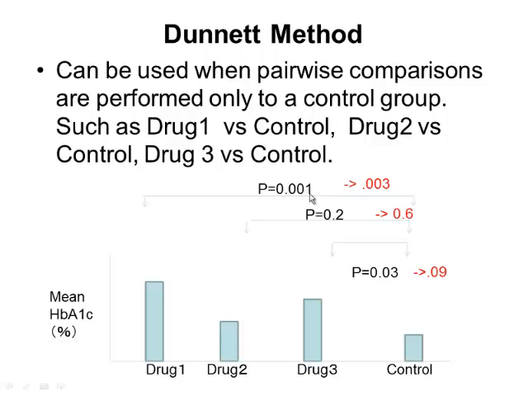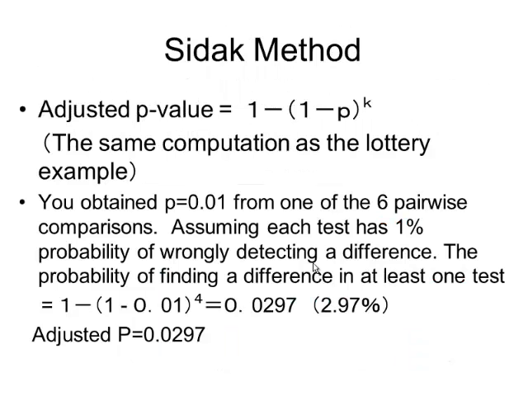So these p-values become 3 times smaller. By not doing all pairwise comparisons, we reduce the total number of comparisons, and therefore we penalize the p-value less than the Bonferroni method. So the Dunnett method is less conservative than the Bonferroni method. And the next method is the Sidak method.